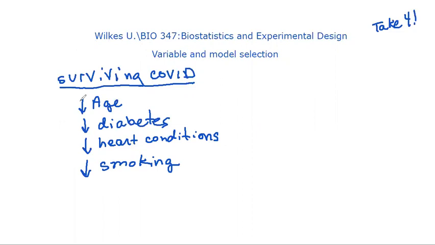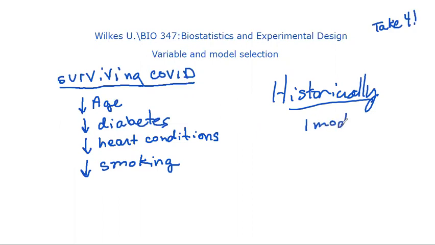Historically speaking, we'd have one model, and we'd be most interested in examining these variables and only including those variables, which I'll just call vars, only include those variables that were significant, okay?